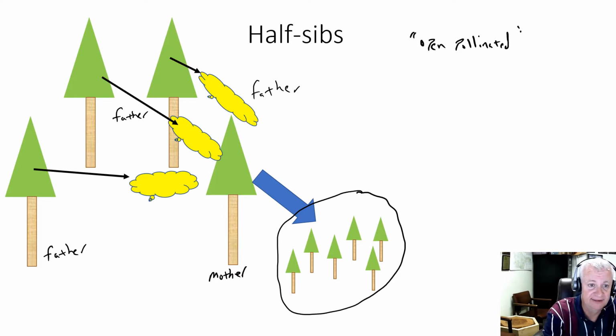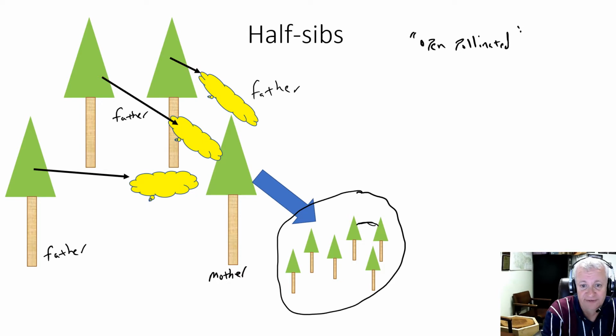That means we know that, for instance, these two trees share that mother tree in common, but we don't necessarily know who the father was. It may have been the same father, that's certainly possible, but it may not. So those offspring are referred to as half-sib or open pollinated seedlings.